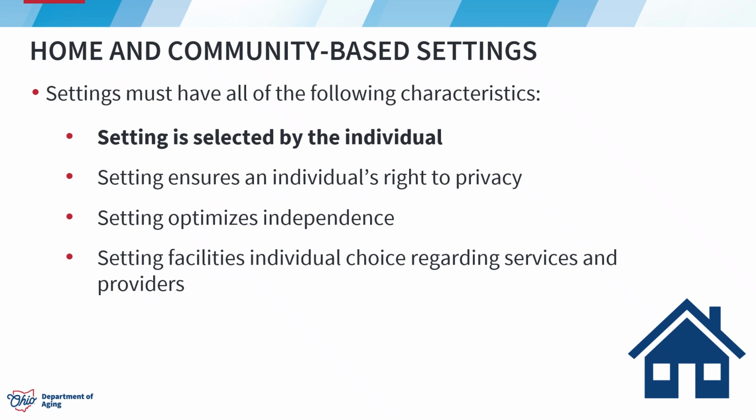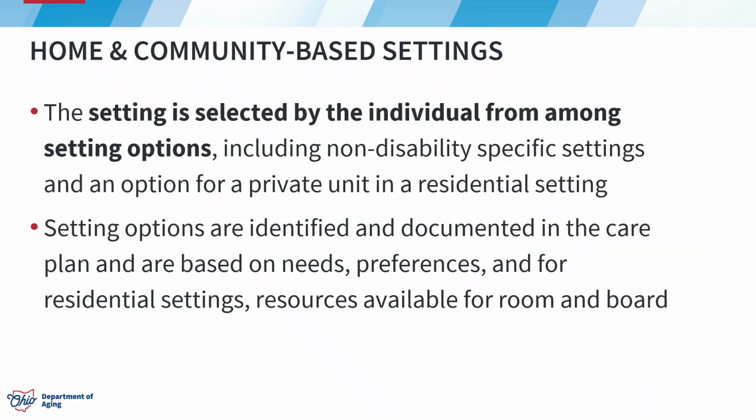Let's go over the rest of the setting requirements. The next is that the setting is selected by an individual. Now again, you have likely already had that conversation during your care planning process, and that individual is given choices, and those choices, where appropriate, are documented in the care plan and are based on the individual's needs and preferences.